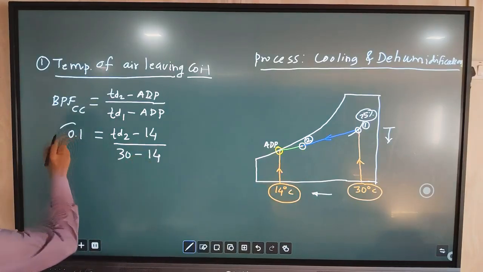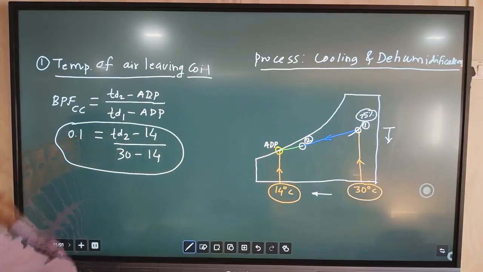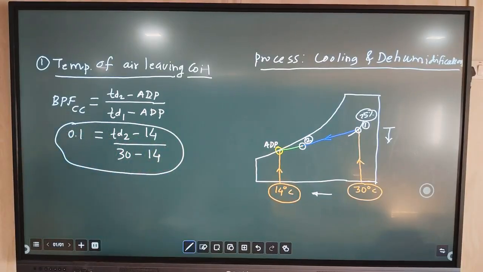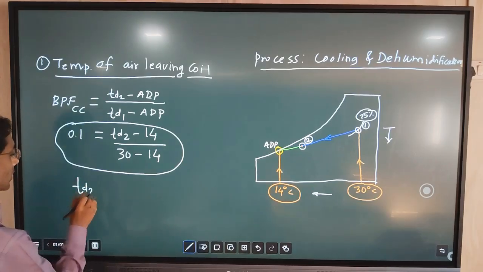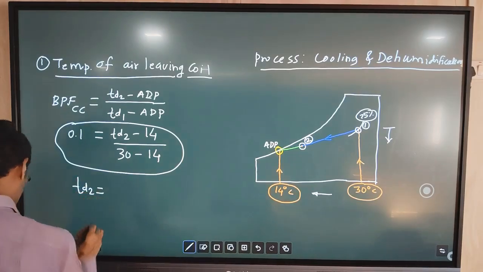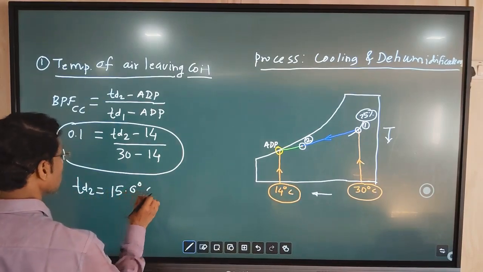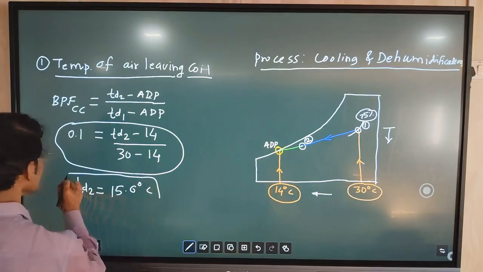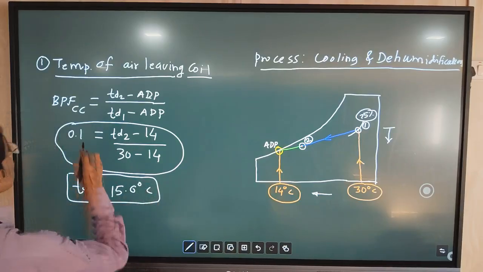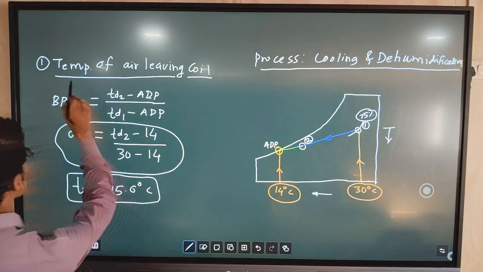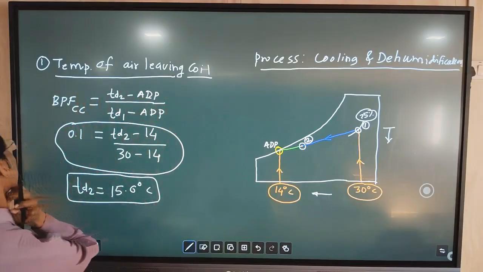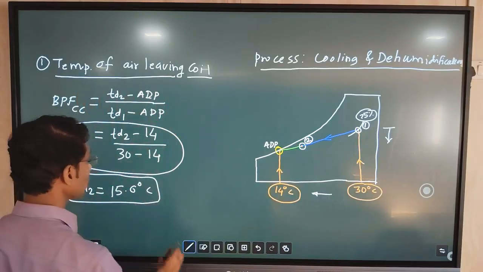By doing the calculation here, we can get the value of TD2. That comes to 15.6 degrees Celsius. So this is the answer to the first required question, the temperature of air leaving the coil.